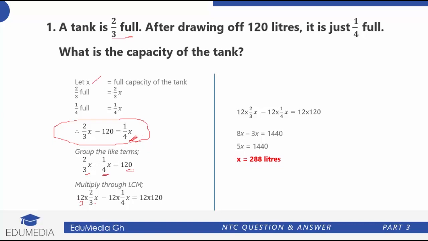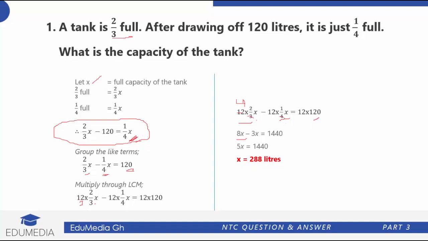So when we do that, we get 8x, because 3 will go into 12 four times, and 4 times 2x gives us 8x.